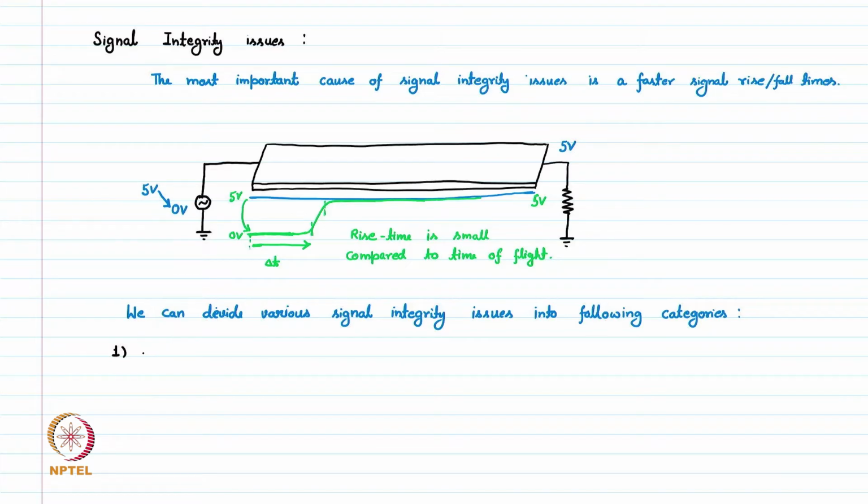So the first one which causes the signal integrity issue is the impedance discontinuities. These are very common factors which affect the signal integrity in a PCB.